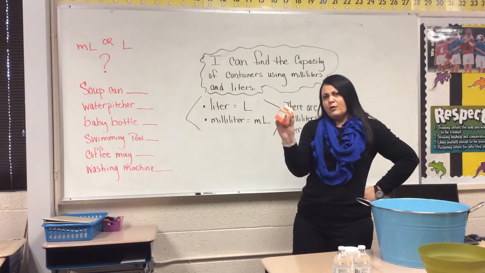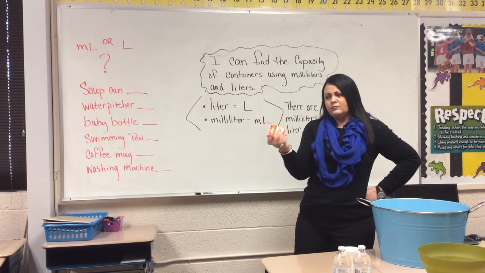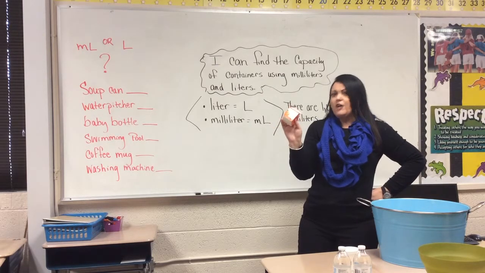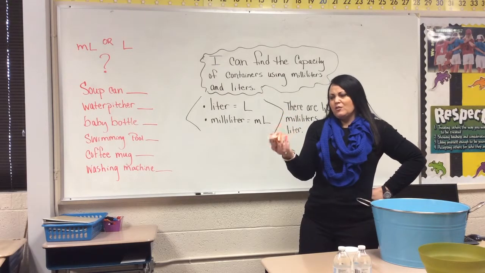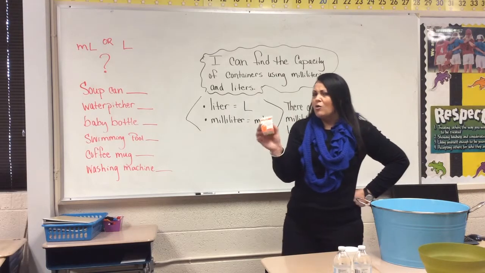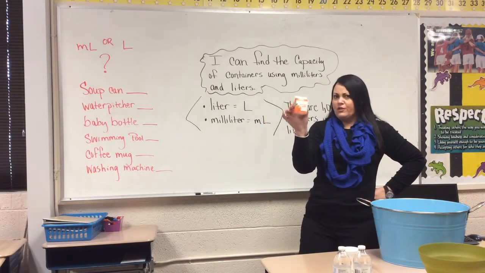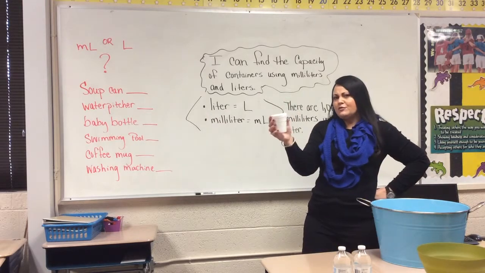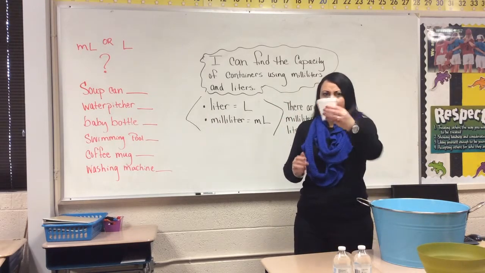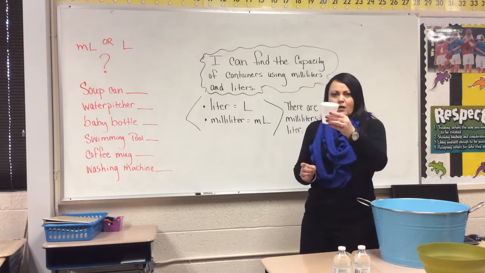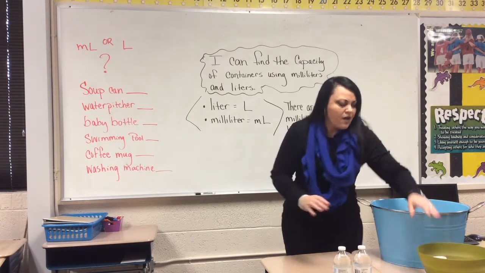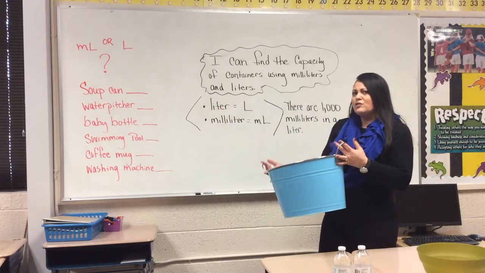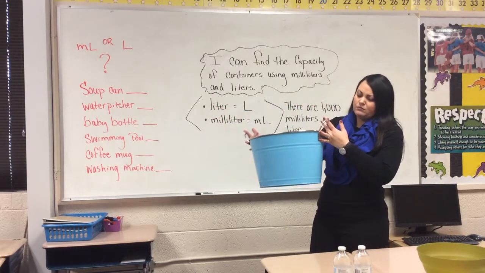Juice. Milliliters or liters? Milliliters. And actually this is 177 milliliters, so it would not be able to hold a whole liter. We couldn't pour a whole liter in here, right? Okay. This cup, milliliters or liters? Milliliters. Very good. And then I have this big ice bucket. Would I use milliliters or liters as a unit of measurement?